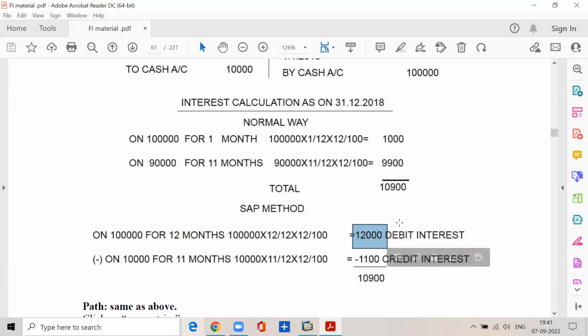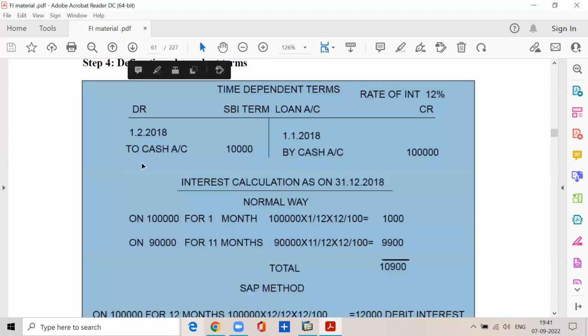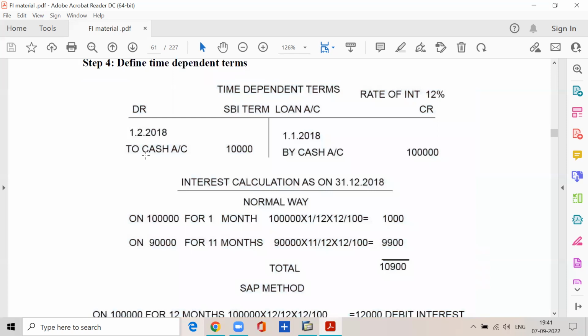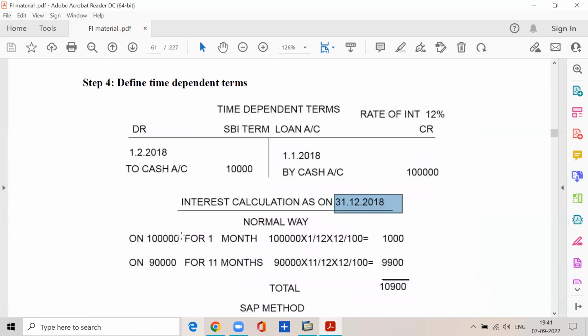Clear? Then on deposit, repayment means nothing but deposit, right? So you have deposited 10,000 on 1st February 2018. So from 1st February 2018 till 31st December 2018, that is for 11 months, we have to receive the interest from the bank on 10,000.